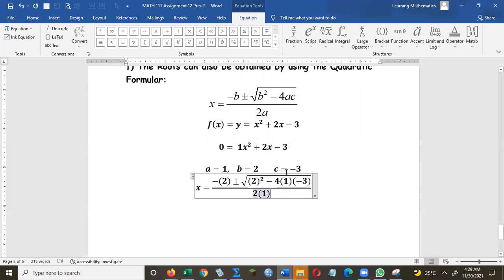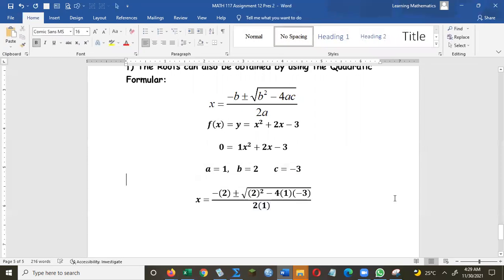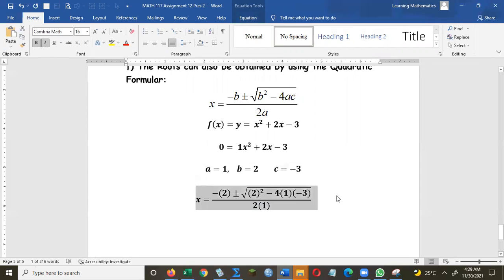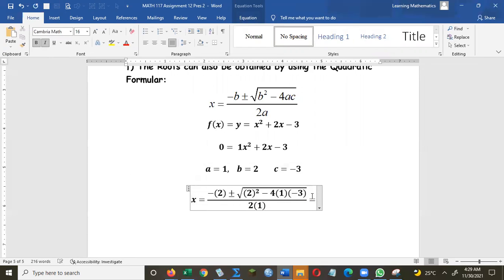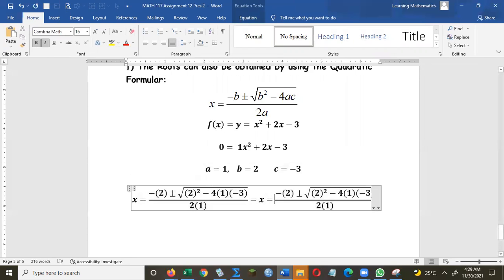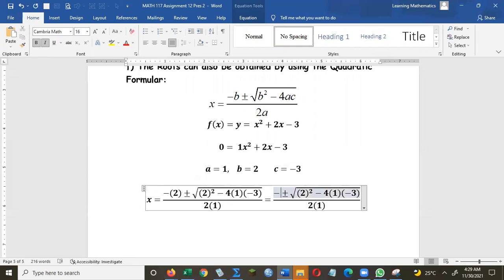Always use brackets when you are substituting into this quadratic formula. So we're going to do this step by step. -2 stays as -2. 2 squared is 4, so this becomes 4.